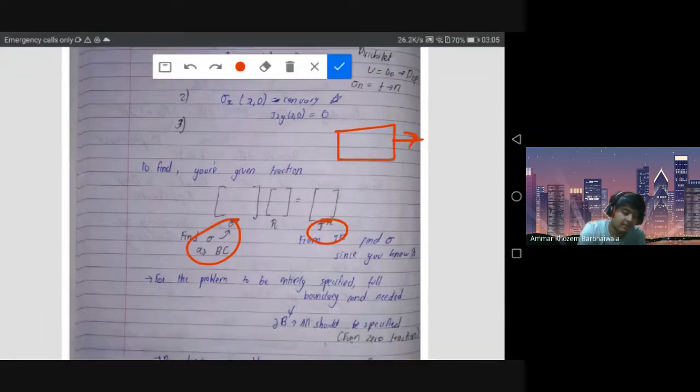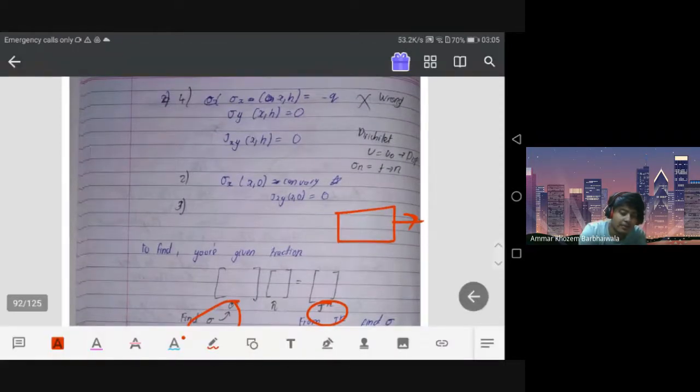So what we can do is write the n cap. For this case, n cap is in the x direction, so I write this as 1, 0, and this traction is also in the direction of, let's suppose, it's t and it's 0. So this is a traction. Now I have this kind of thing, where as you can see above, I have two conditions.